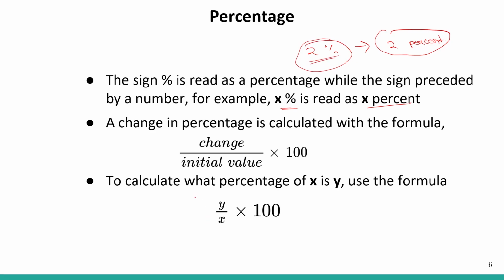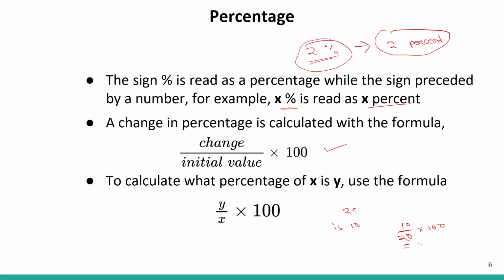Okay, so a change in percentage is calculated with the formula change by initial value into 100. To calculate what percent of x is y, we use the formula y by x into 100. So if you try to know what percent of 20 is 10, then you use 10 by 20 into 100.